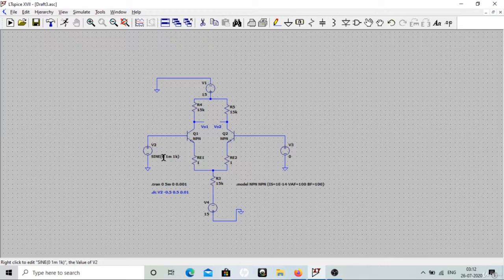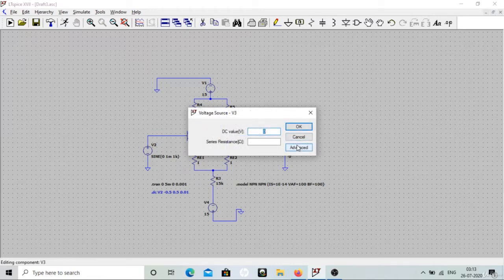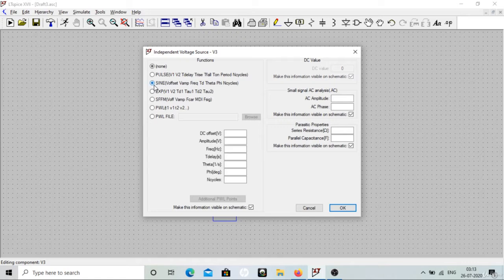Now this V2 value will come into picture, which is a sinusoidal signal of 1 millivolt amplitude and 1 kilohertz frequency. The same signal I'll apply here, but sinusoidal DC offset is 0 and I'll keep the amplitude minus 1 millivolt, because first we will look for differential gain.